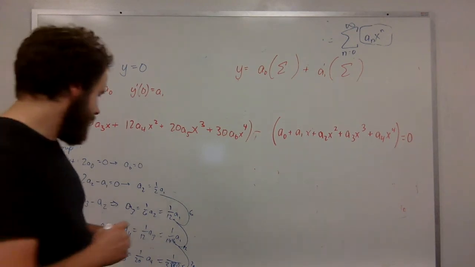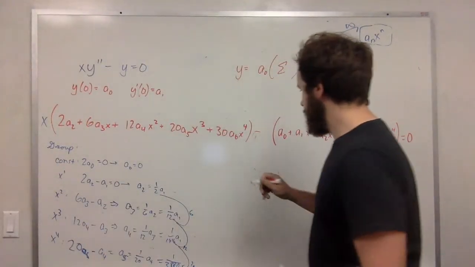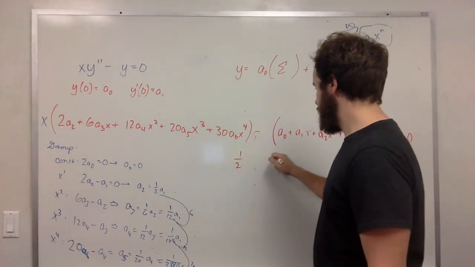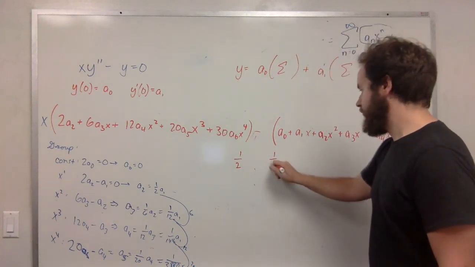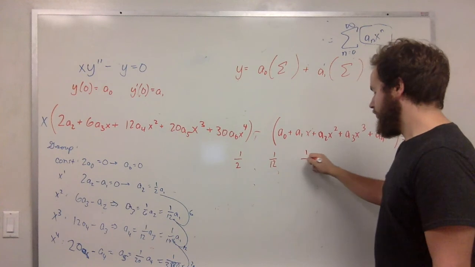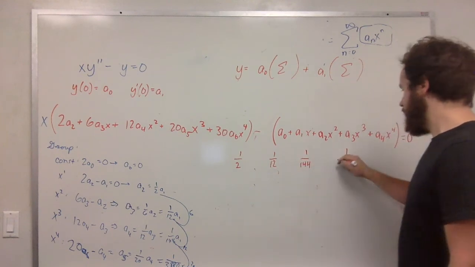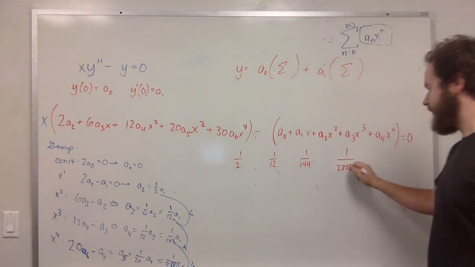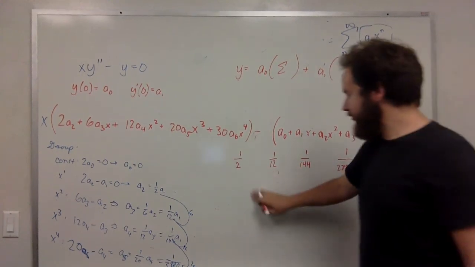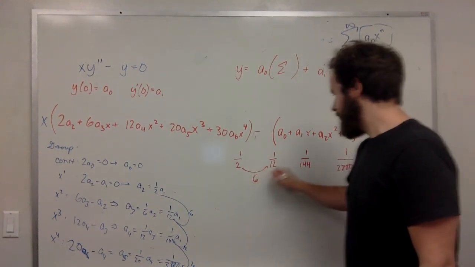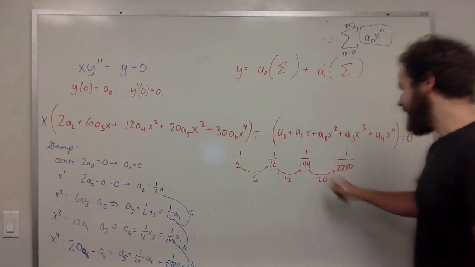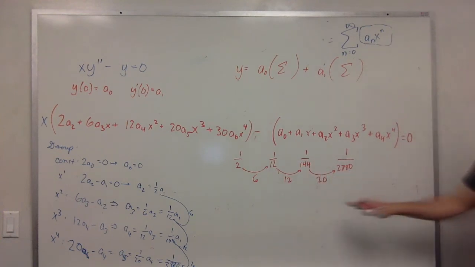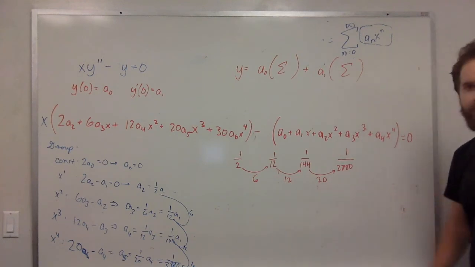It's definitely really difficult. So here's what we're going to do. 1/2, 1/6, or actually 1/12, 1 over 144, 1 over 2880. This was multiplied by 6, this was multiplied by 12, this was multiplied by 20. Do you see these numbers anywhere else?